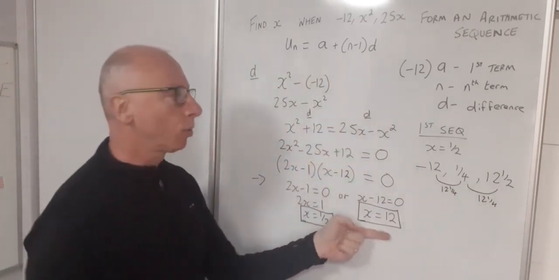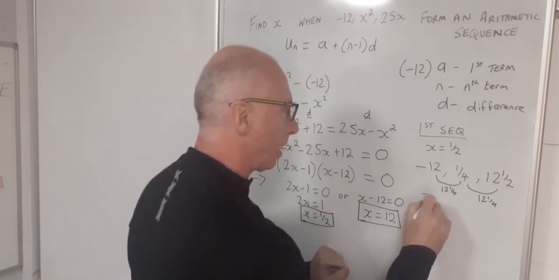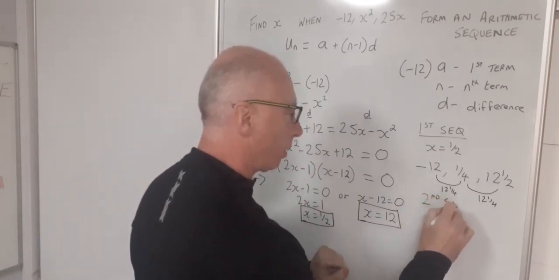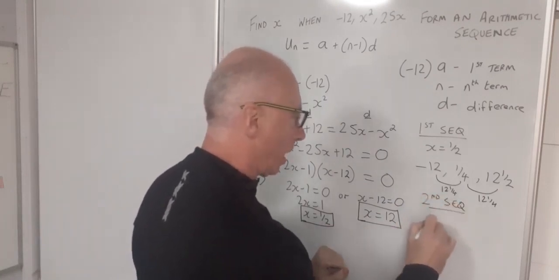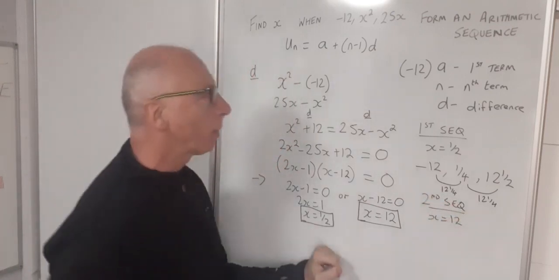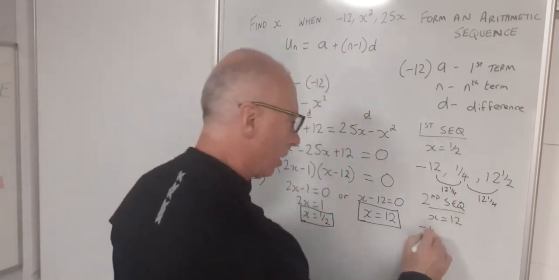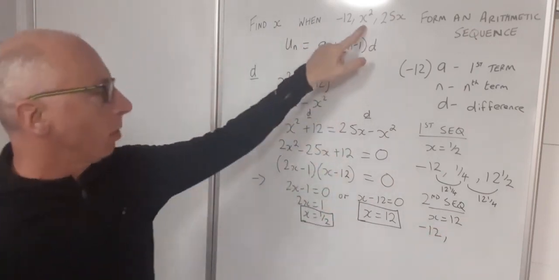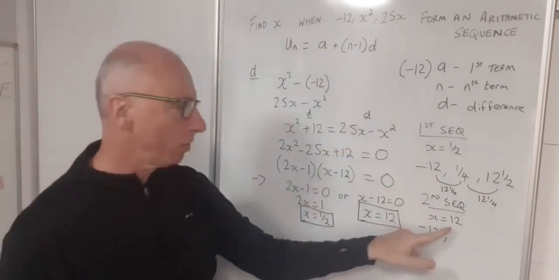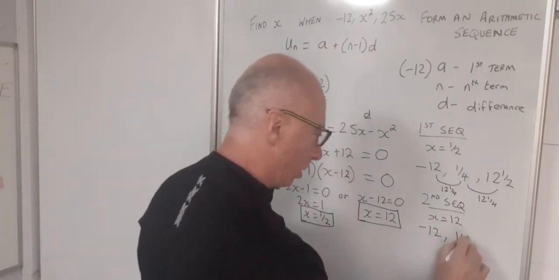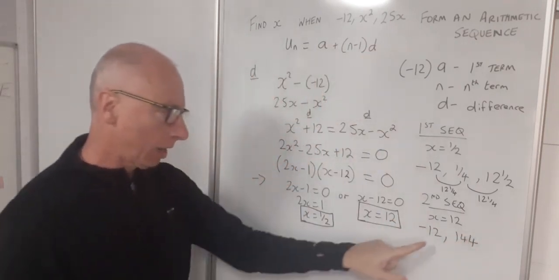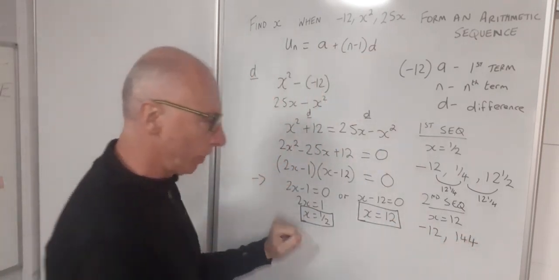Let's try when x equals 12. Let's see what happens there. So my second sequence, x equals 12. I've got minus 12 straight away. x squared, well, 12 squared is 144. So I can see straight away my difference here is 156.